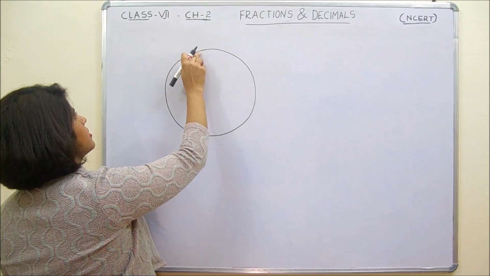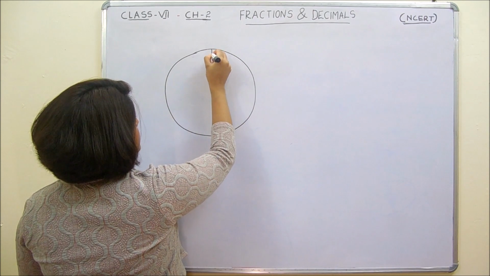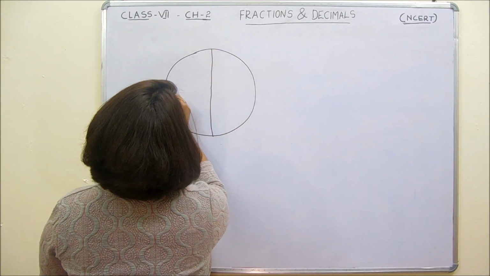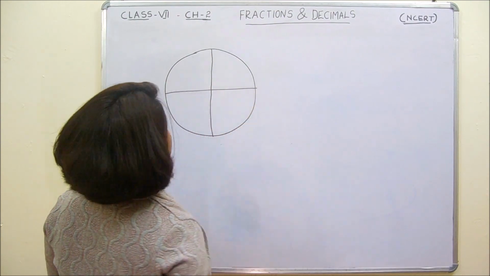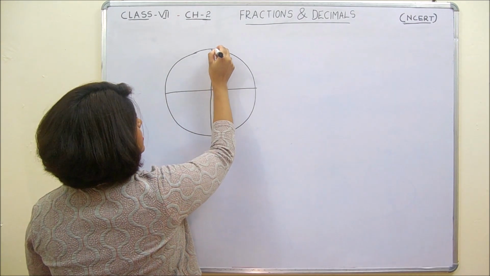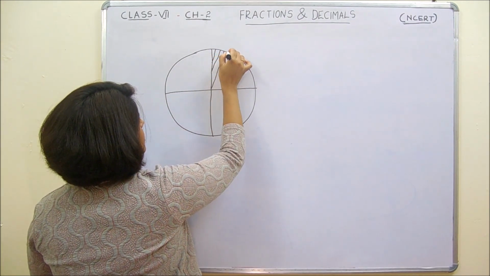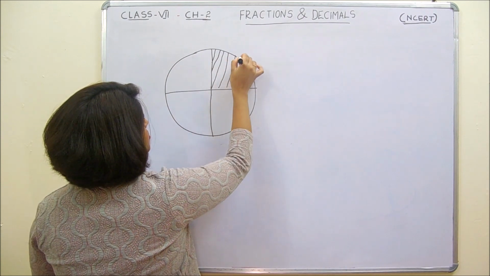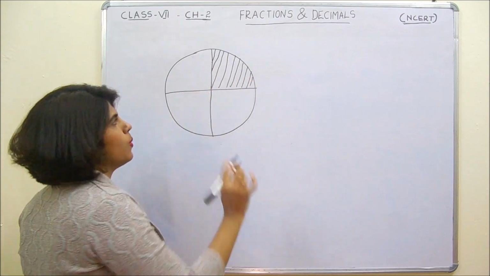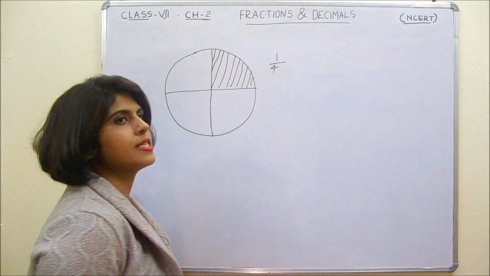And you are going to divide this equally into 4 parts. Then how much part will you get? Only 1 part out of these 4. Right? That is 1/4 of this whole pizza you will get.